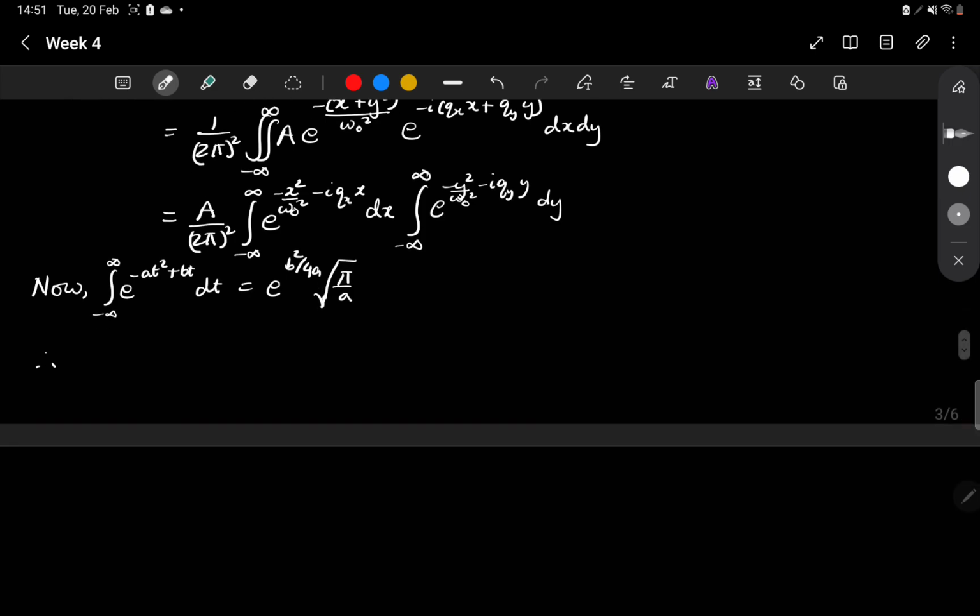So therefore we will get our spectral amplitude. We can make use of this result to evaluate the integrals.